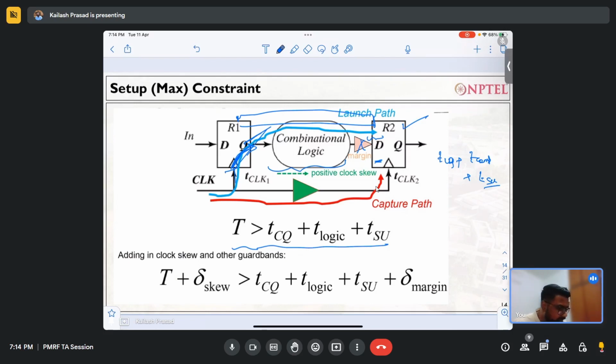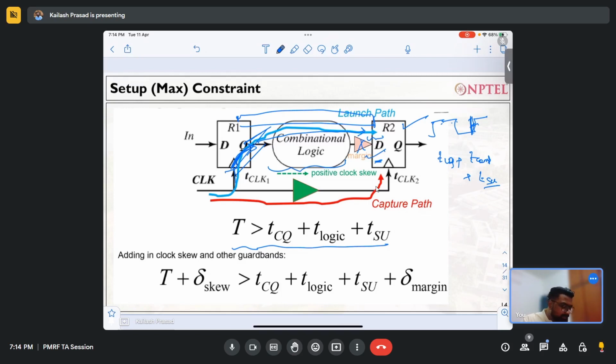If you see, when the next clock edge is coming, suppose I have this clock edge, data has gone from here, and there is the next clock edge which is coming. If this data actually changes in the setup window of this flip flop, then there will be a setup violation, right?